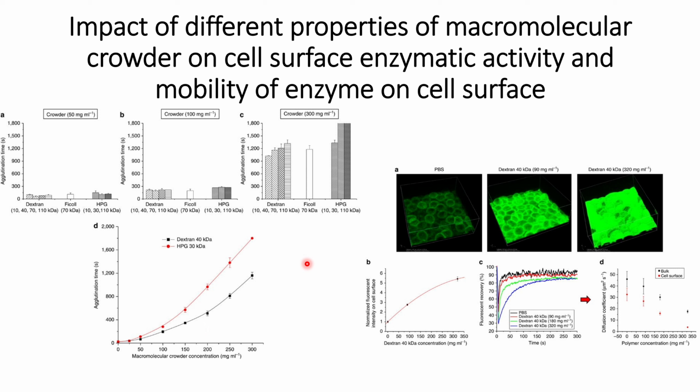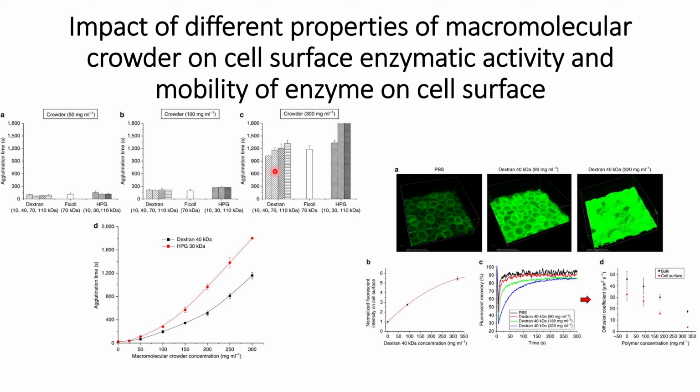They do not see too much impact of the different molecular weights of the macromolecular compounds, except for HPG, where they see a high difference between 10 kilodalton and 30 and 110 kilodaltons. But for dextran, they do not see too much difference between different molecular weights of these macromolecular crowders.